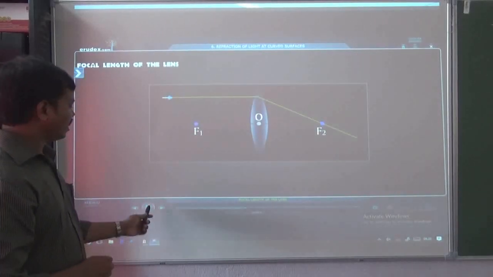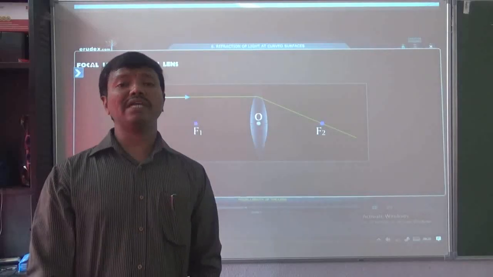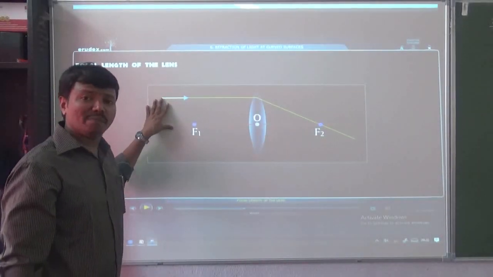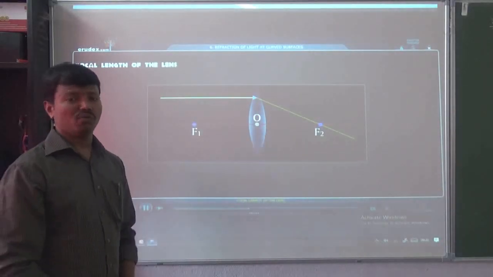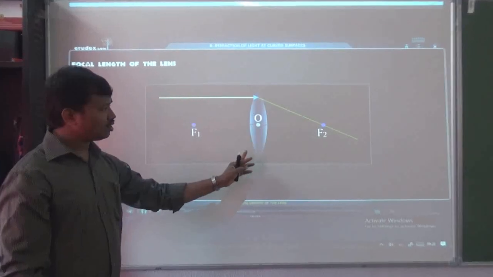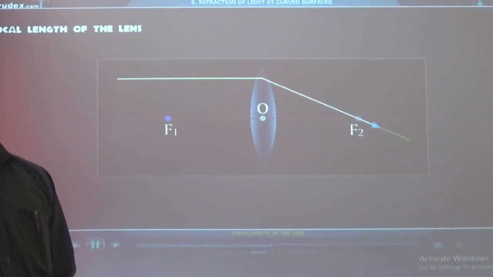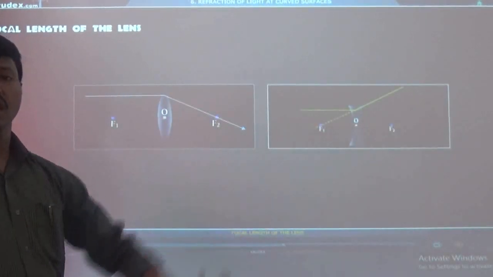Now again, an important concept while drawing ray diagrams: any light ray parallel to the principal axis must pass through the focus. In the case of the convex lens, and at the same time the concave lens also, all light rays parallel to the principal axis must follow the focus.